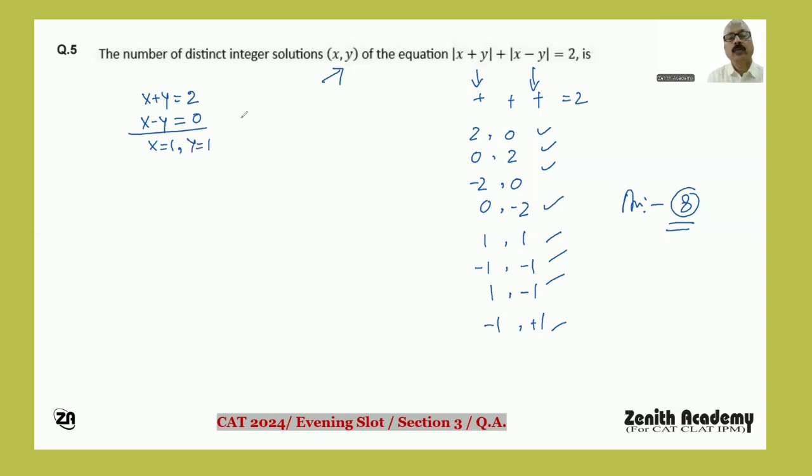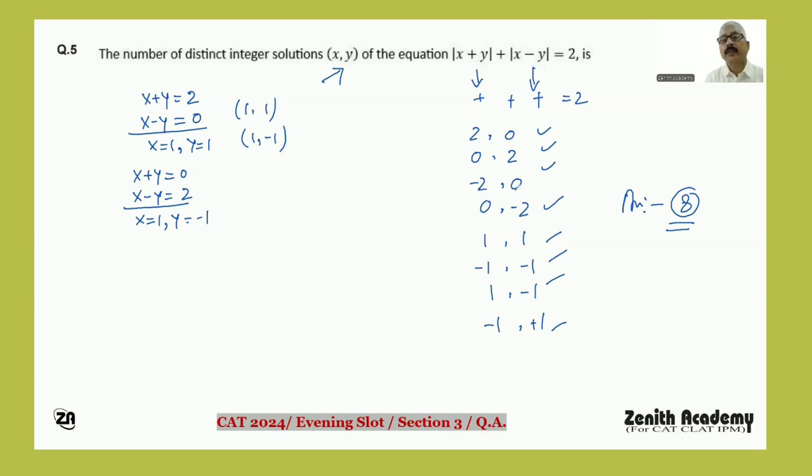So one solution possible हो गया, 1, 1, right? In second case, if you take 0 and 2, x plus y is 0, x minus y is 2, then in this scenario, 2x is equal to 2, so x is going to be 1, and as x is 1, then y is minus 1. Correct? So this is another solution.